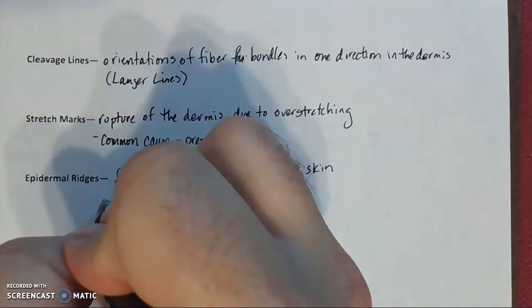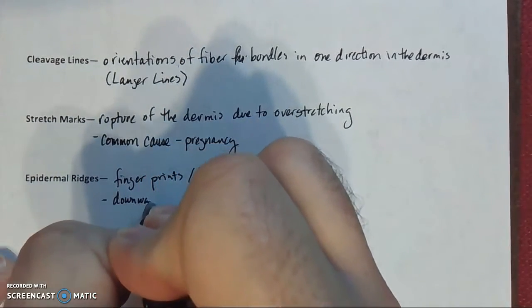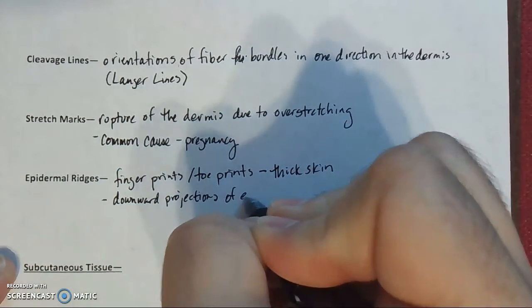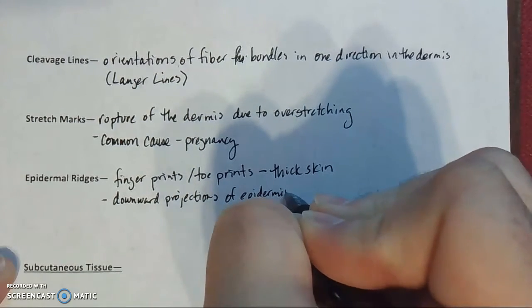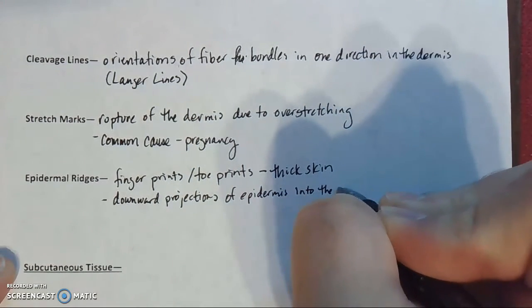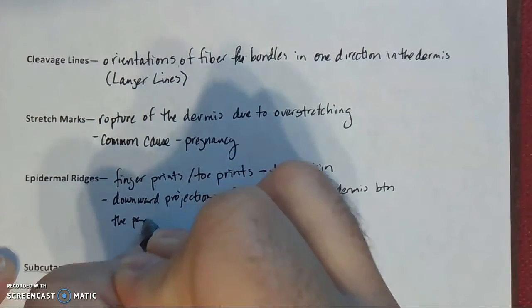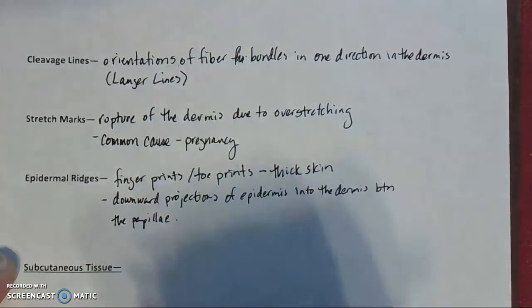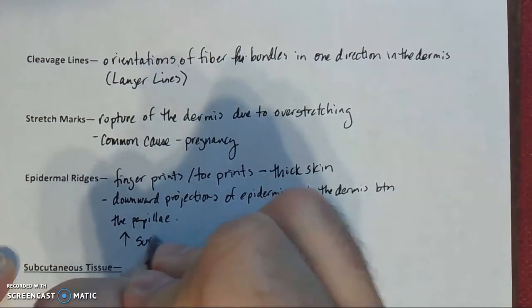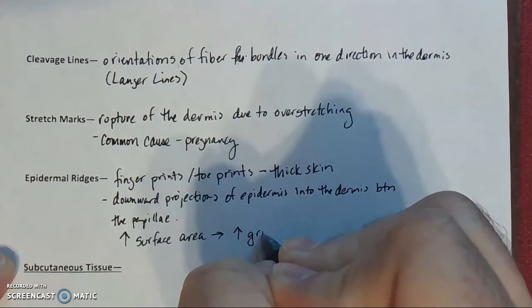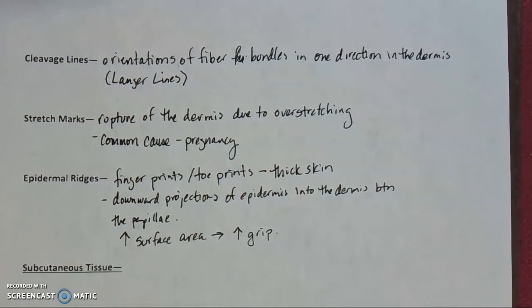And these are downward projections of epidermis into the dermis between each papilla. And again, increase surface area, which increases grip. So this allows us to hold on to things a little bit better. So it helps increase our surface area.